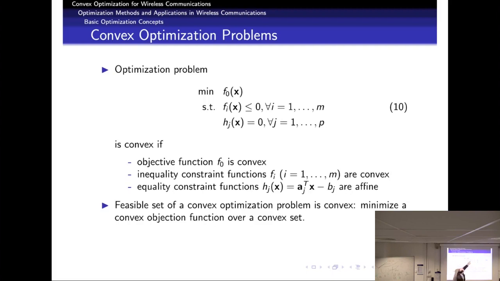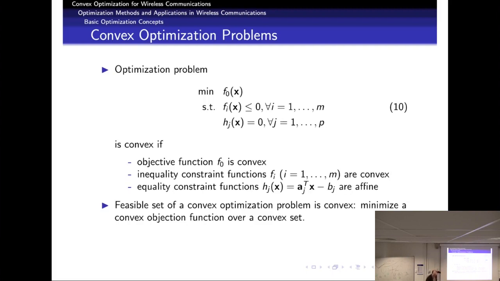Here I have the intersection of the m inequality constraints, and this is equivalent to saying that those m inequality constraints create the intersection of m convex sets, which will also be convex. So you can view this constraint as saying, equivalently, I'm minimizing a convex function over a convex set.